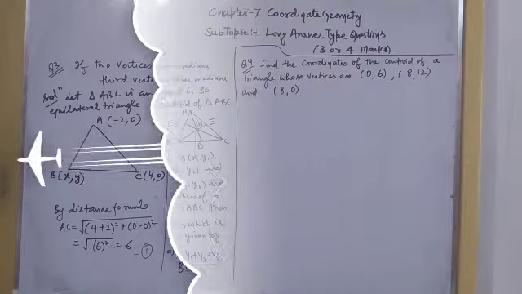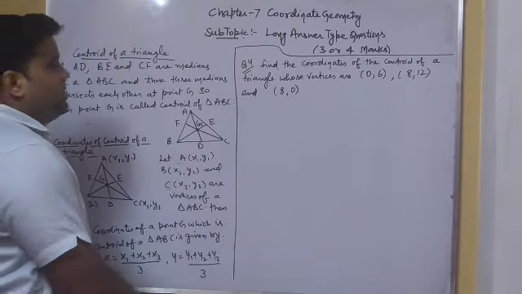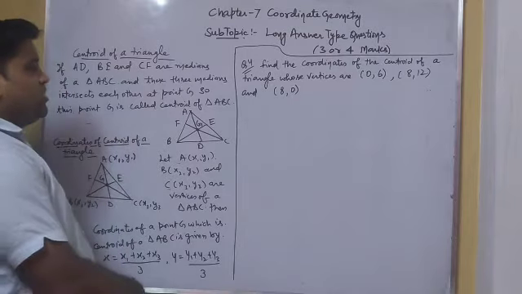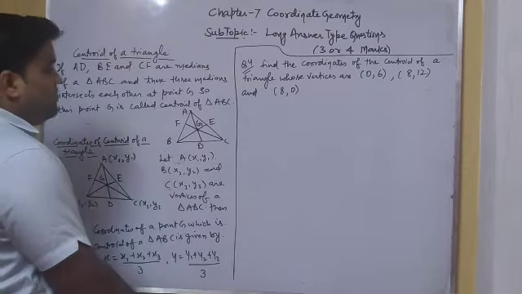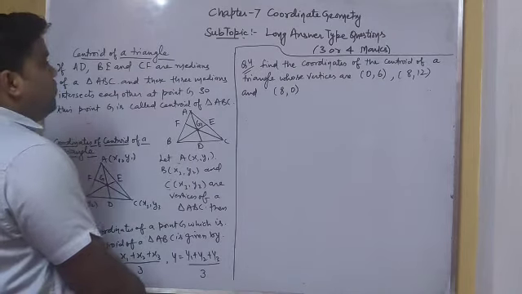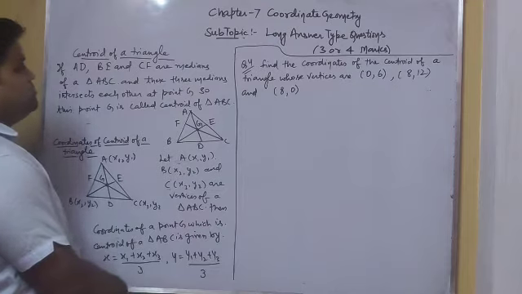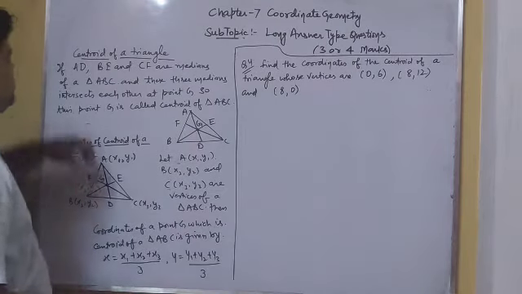Let us come on question number 4. Find the coordinates of the centroid of a triangle whose vertices are (0, 6), (8, 12) and (8, 0). In this question, the coordinates of the three vertices of a triangle are given. We have to find the coordinates of the centroid of the triangle. Before starting, let us understand the meaning of the centroid of a triangle.